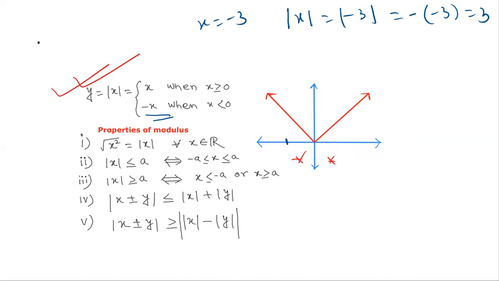So on the graph of mod x, the input is -3 and you are getting positive 3, so the point is (-3, 3). Same way, if you put any point, let's say x equal to 2, you will get 2 at the same point. This is 2 and this is 3.